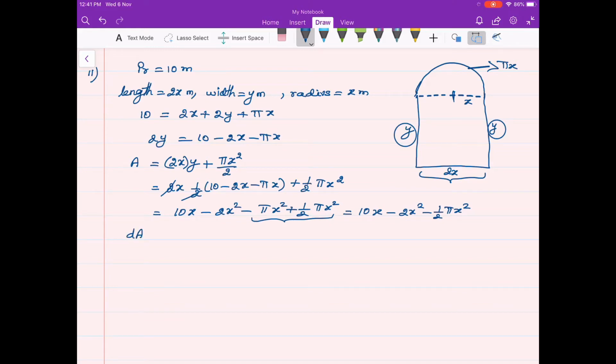Let us differentiate with respect to x. Differential of 10x is 10 minus 4x minus half π times 2x. Equate the first derivative to 0. Therefore, we get 10 is equal to 4x plus πx. x is common. Therefore, the answer for x is 10 divided by π plus 4 meters.